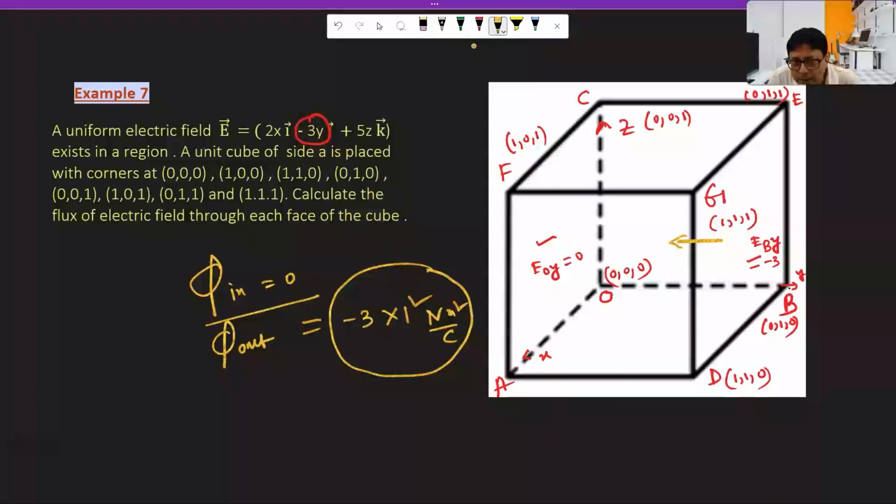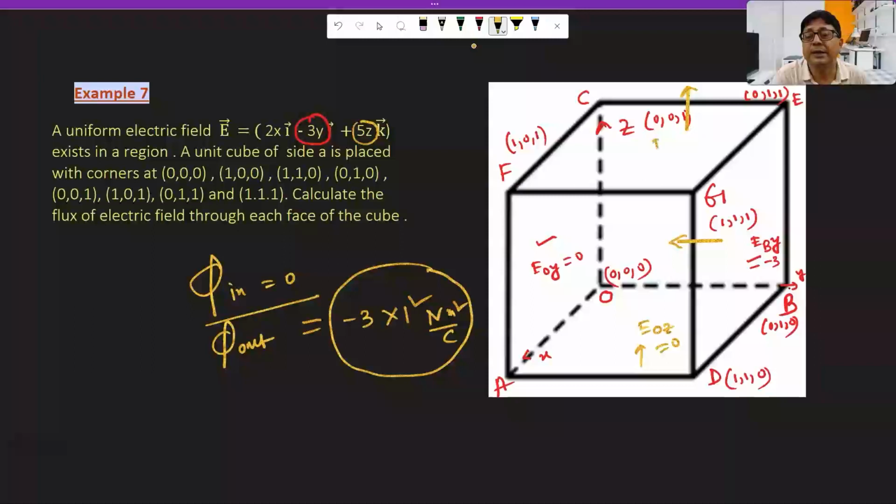Clear? Let us do one more case. That is along z-axis. Along z-axis it is 5zk. But here field lines are entering and here field lines are going out. Isn't it? What is the value of field line here? Z is equal to 0 here. So EOZ equal to 0.